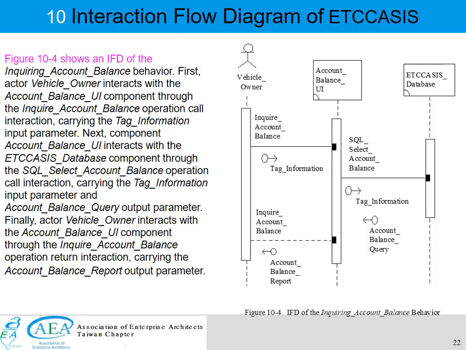Then the UI component will input the tag information to the ETC cases database component. Also, they get the account balance query output data. Then the UI component will return this account balance report data to the vehicle owner.